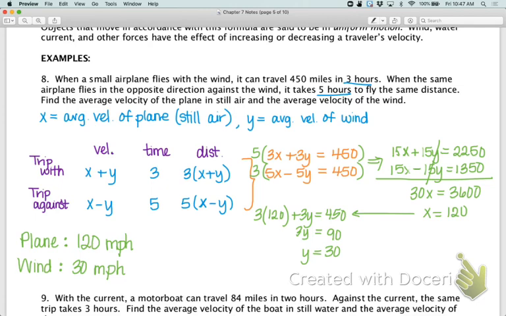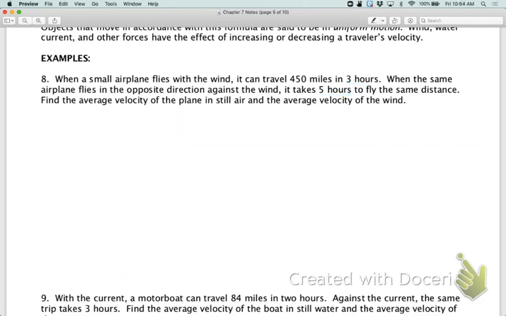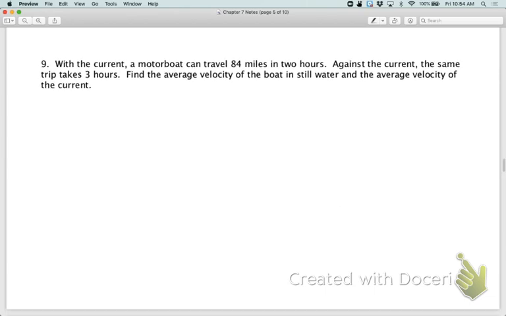So what I would like for you to do is to see if you can define your variables and set this one up yourself. It's very similar. So this one says, with the current, a motorboat can travel 84 miles in 2 hours. Against the current, it's like trying to walk upstream is a lot harder than swimming downstream. The same trip takes 3 hours.